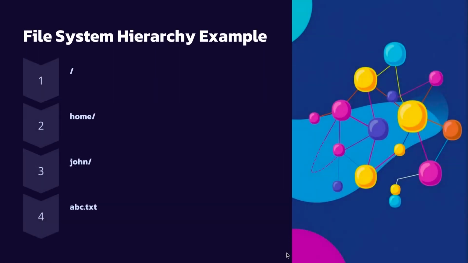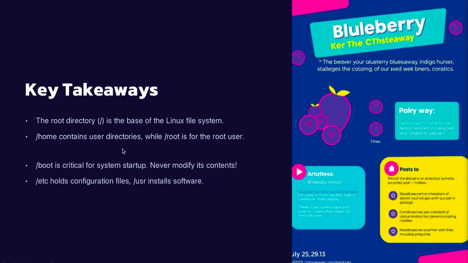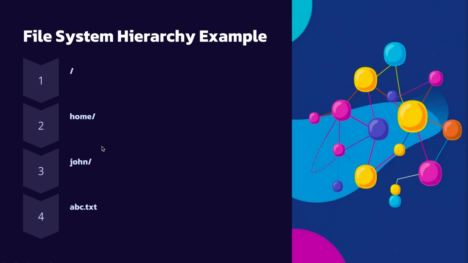Remember that I talked about the home folder. All the users will be inside it. Inside home slash, for instance, we can create users with the names John, Kaleem, and Urba. So any users will be inside here. The other folders we discussed, boot, etc, usr and bin, will be here as well.